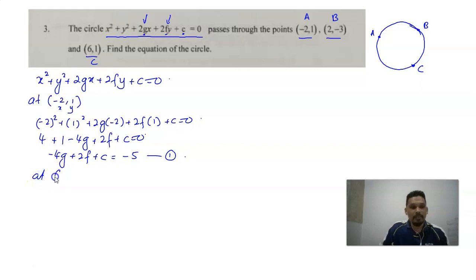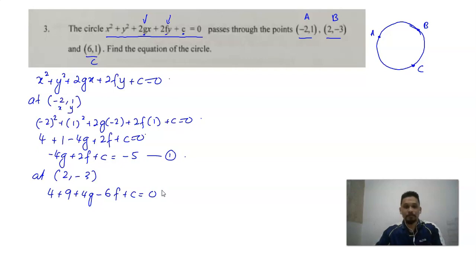Then, at the point (2, -3): 2 squared equals 4, (-3) squared equals 9, 2gx is 2 times 2 equals 4g, and 2fy is 2 times -3 equals -6f, plus c equal to 0. So then 4g minus 6f plus c equal to 4 plus 9, which is 13, and to the other side becomes -13.